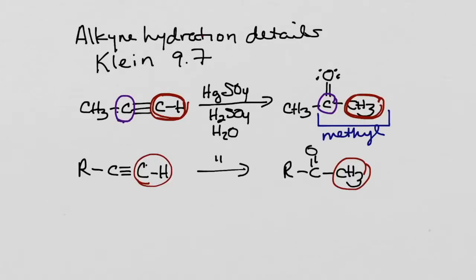So let's talk about how this works. The first step of the mechanism is going to be similar to what we saw with alkenes: the pi electrons of the alkyne are attracted to the electrophilic 2+ cation of the mercury, so we see the pi electrons reacting with the mercury.